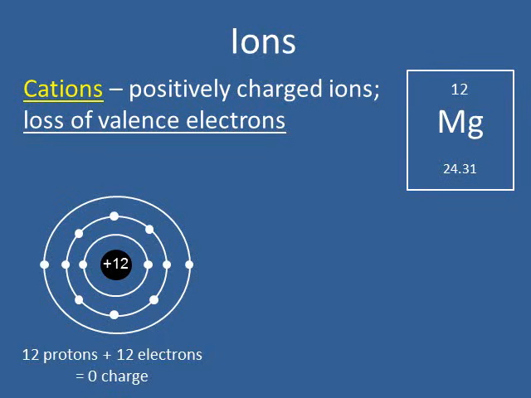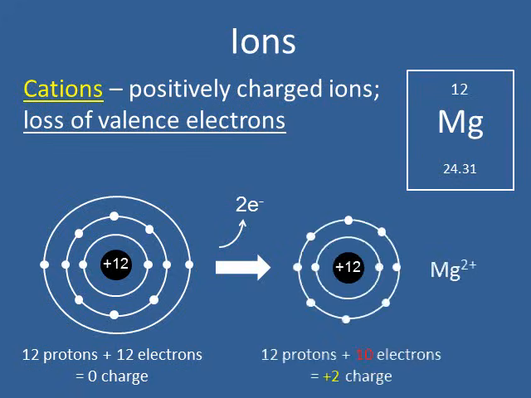Now those 2 negatively charged electrons in its outermost orbital are easily lost, so that magnesium ion then has a full outer orbital and meets the octet rule, that full outer orbital of 8. And we see here that now when we count up protons and electrons, there are an additional 2 protons over electrons, thus giving magnesium ion a net +2 charge.